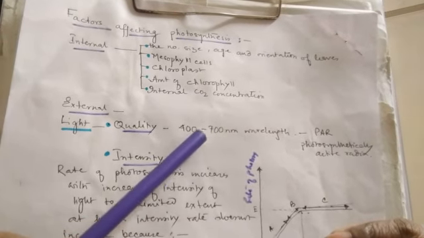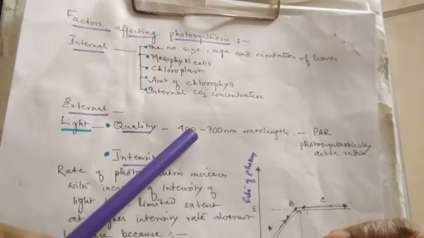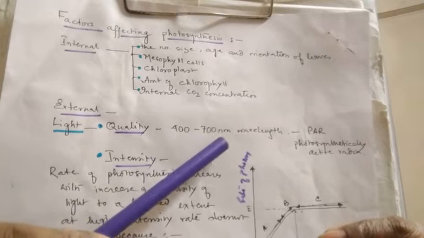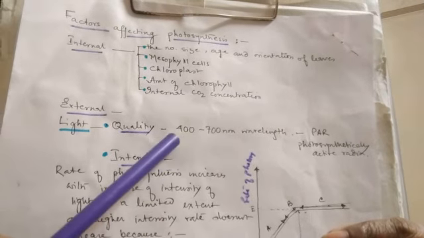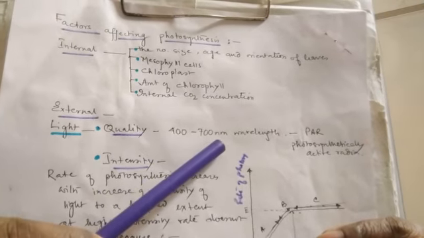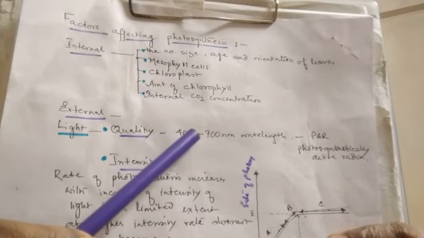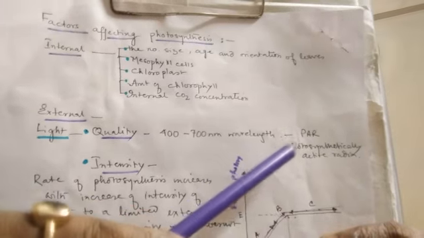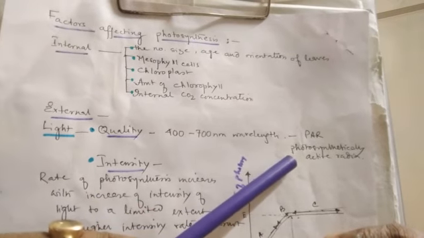Generally, light with a 400 to 700 nm wavelength is effective for photosynthesis, and that is called photosynthetically active radiation, or PAR.